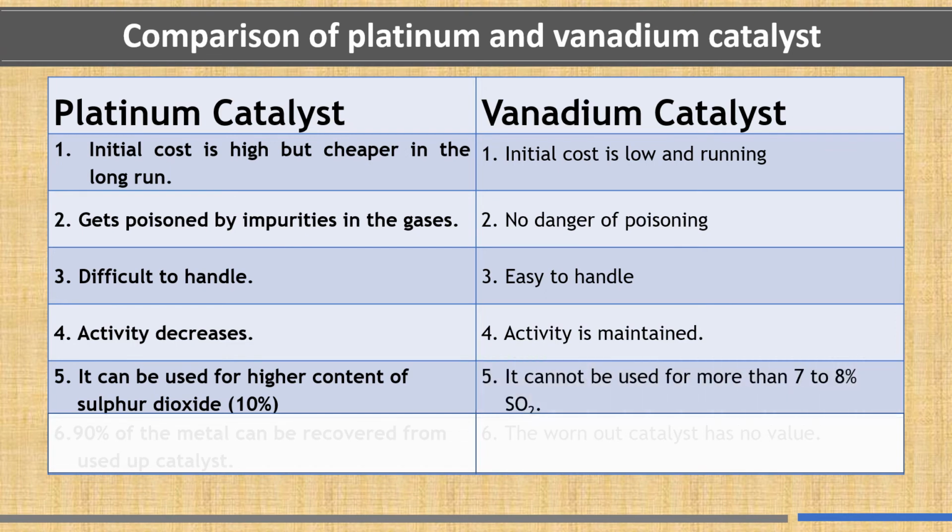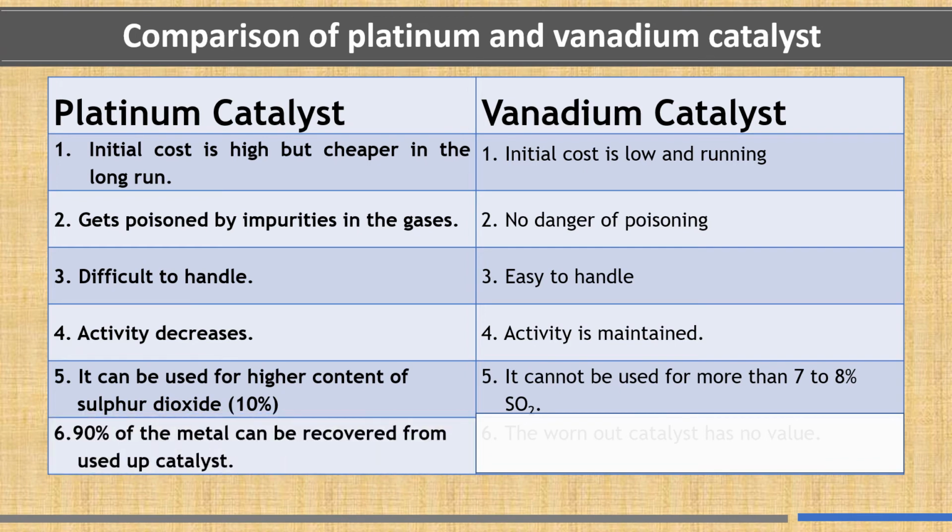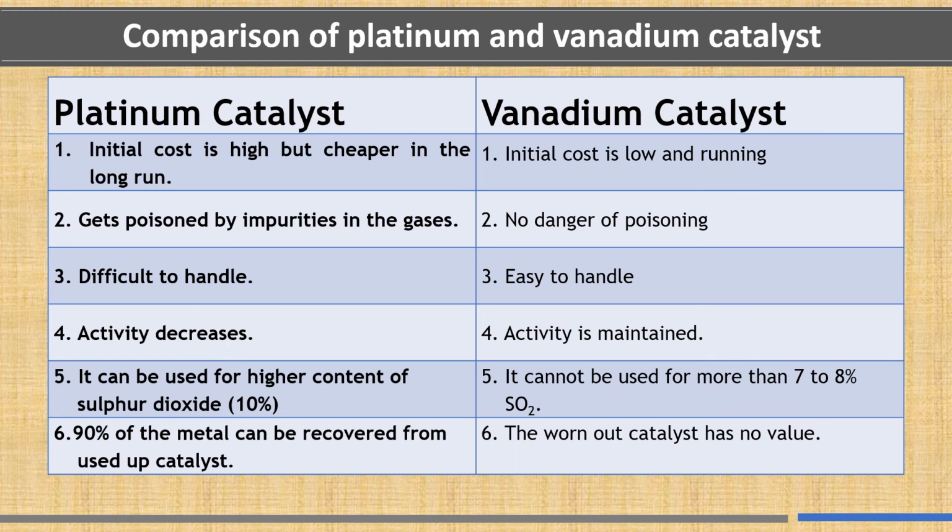Vanadium catalyst cannot be used for more than 7 to 8% of SO2. 90% of the platinum metal can be recovered from the used up platinum catalyst. The worn out vanadium catalyst has no value. That means vanadium cannot be recovered from the vanadium catalyst.